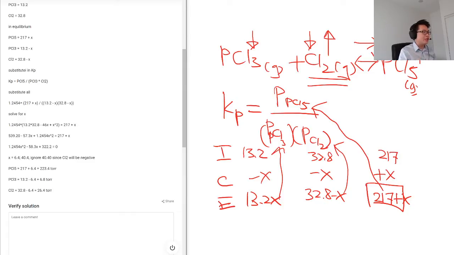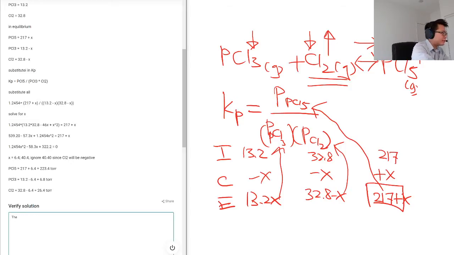If so, then we don't have any PCl3 left, and for this case, it is not reasonable. It should not happen. So that's why we're going to choose 6.4 as our answer. And then we just plug in 6.4 as x, and then we can find out the PCl5 will be 217, PCl3 will be 6.8, Cl2 will be 26.4.